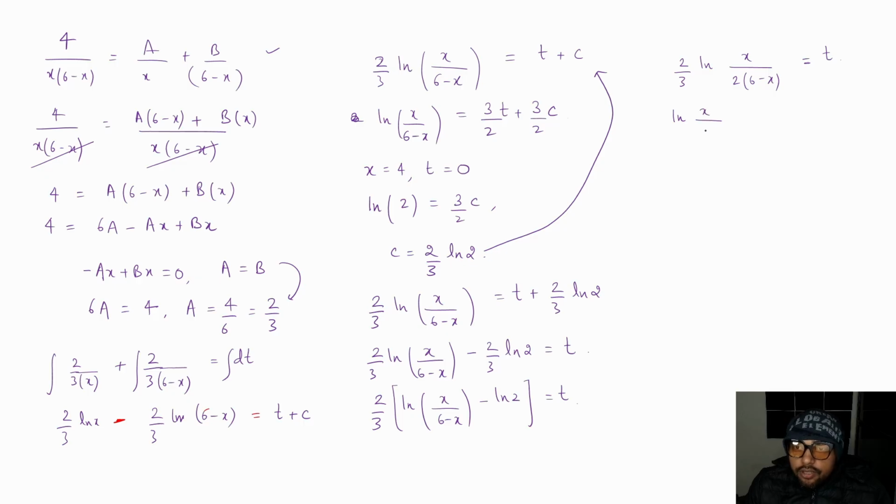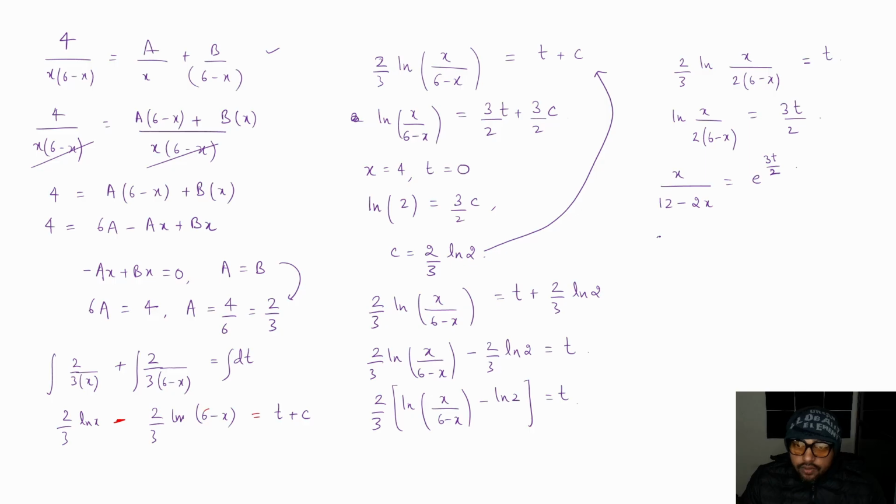On the left hand side, it will be log of x by 2 times 6 negative of x equals 3t by 2. Here we'll get x by 12 negative of 2x equals e raised to the power 3t by 2. What I have done is taken this log and converted it into the exponential format.